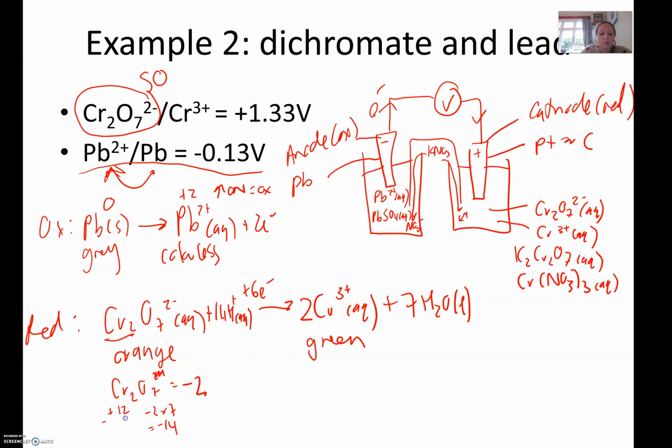There are 2 chromiums, so +12 divided by 2 equals +6. So the oxidation number of chromium in dichromate is +6. It then forms Cr3+, which is a monatomic ion, and so it's just the charge. So therefore there's a decrease in oxidation number, and that shows us that it's reduction.